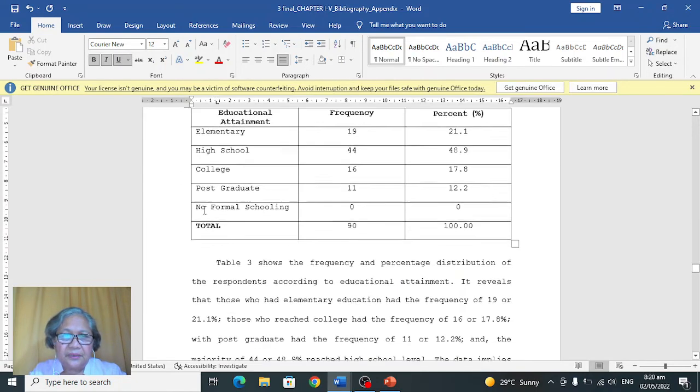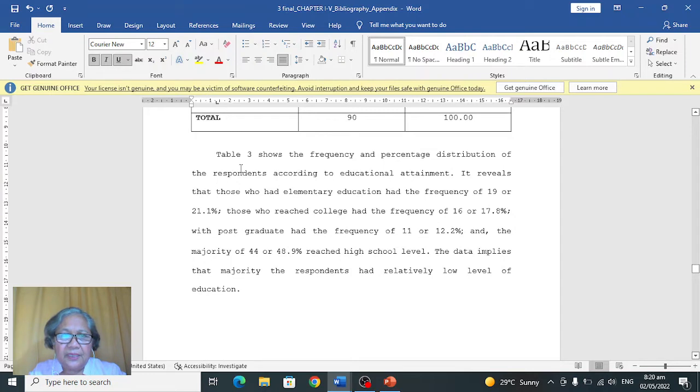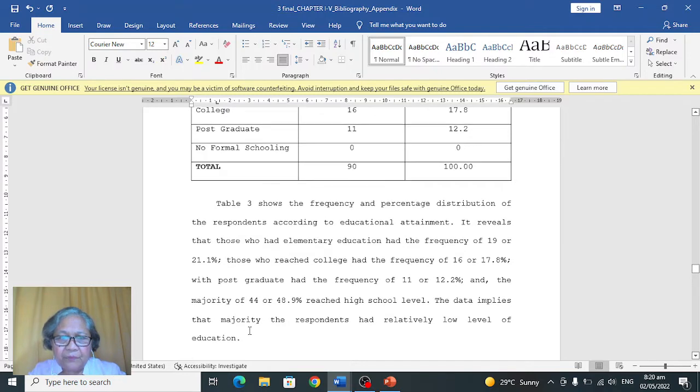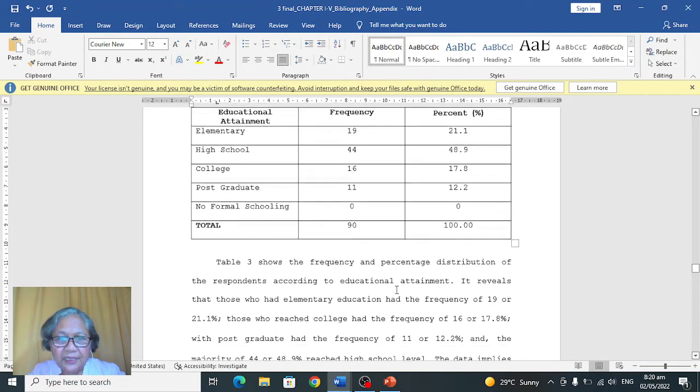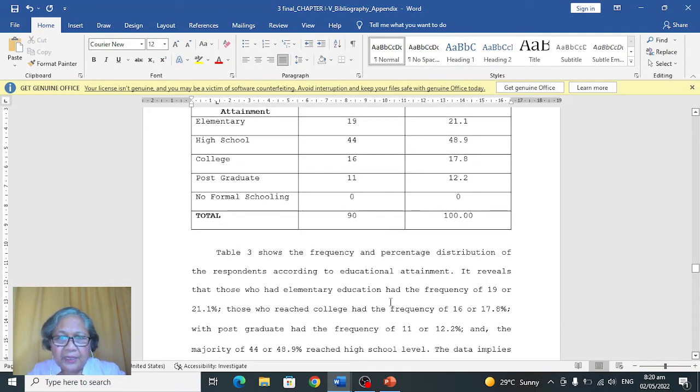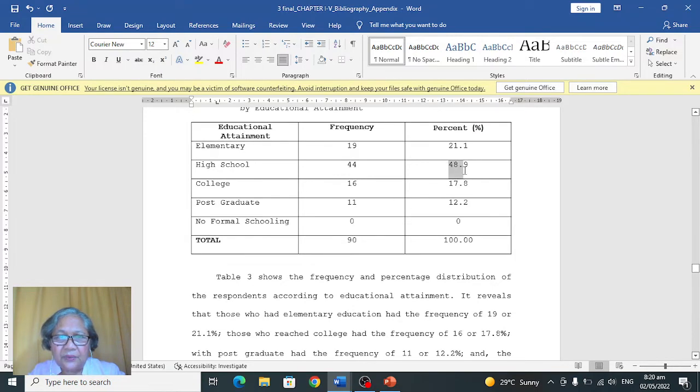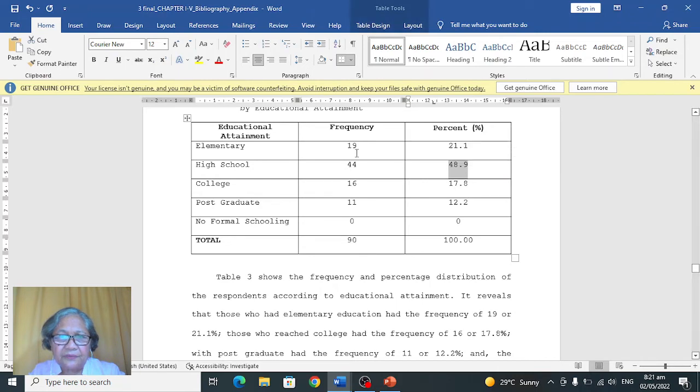Same is true here, educational statement. You have here the presentation or narration of the data, and then the implication of the data. The data implies that majority of the respondents had relatively low level of education. Low level kasi ang pinaka mataas na frequency ay dito, more than half of the respondents.